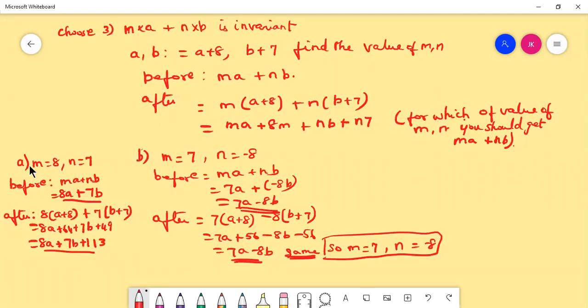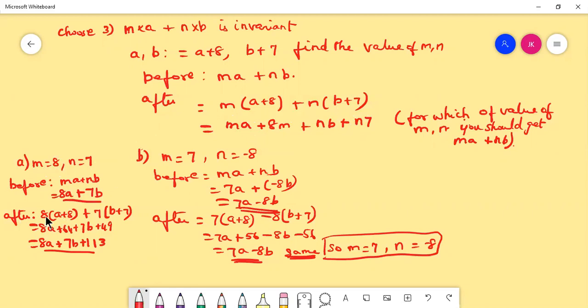In your choices, the first choice I've given the m value as 8 and the n value as 7. So I'm substituting here. I'll get my answer as 8a plus 7b. After you change, see what the after expression is: ma plus 8m plus nb plus 7n. Either you can go this way or through this expression.